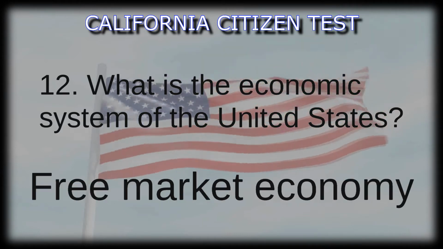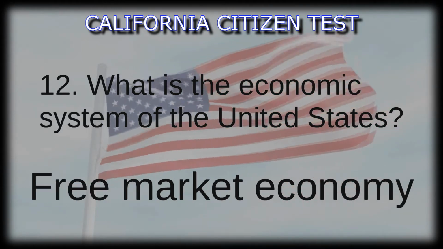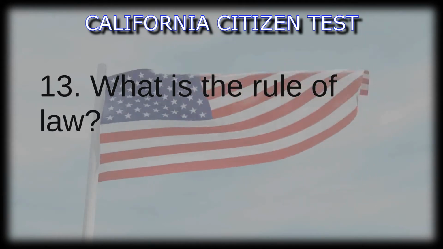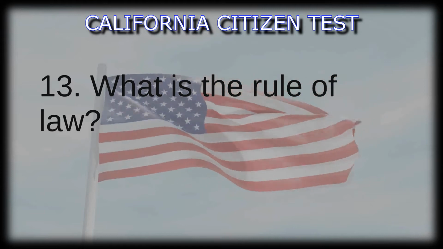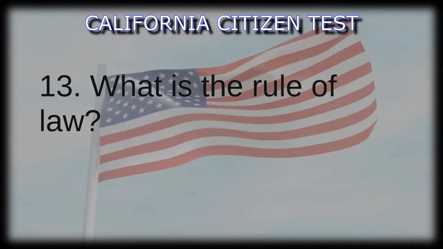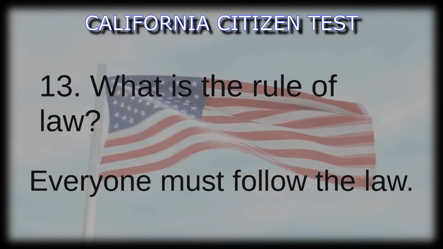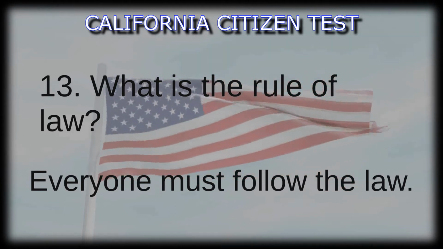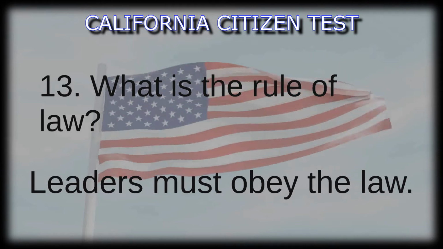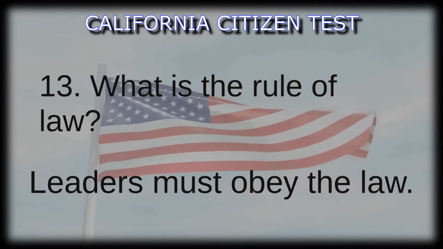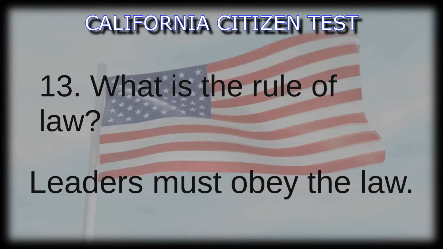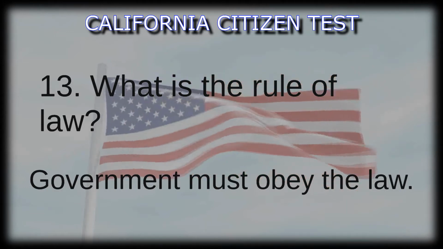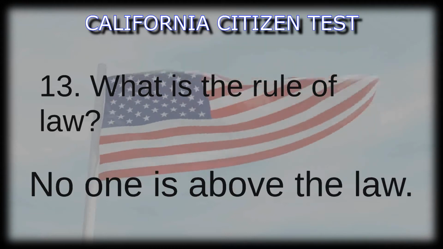Free market economy. 13. What is the rule of law? Everyone must follow the law. Leaders must obey the law. Government must obey the law. No one is above the law.